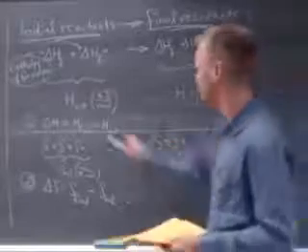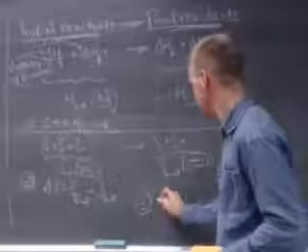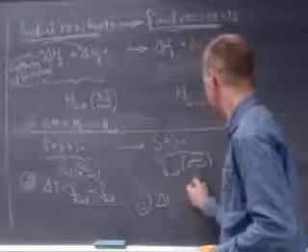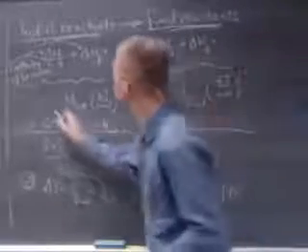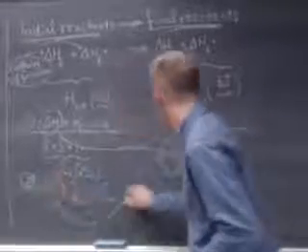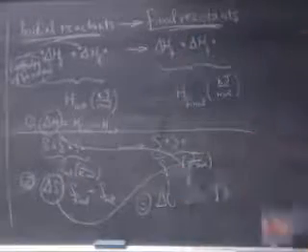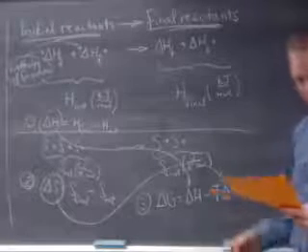And then finally, you put those two things together. Step 3 is delta G equals delta H minus T delta S. There's delta H, and there's delta S. And then you got your answer. All right, let's try an example then.